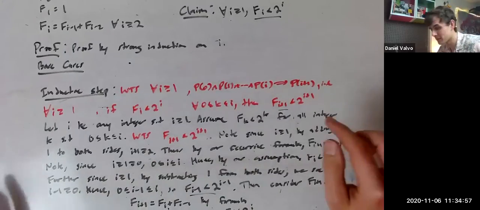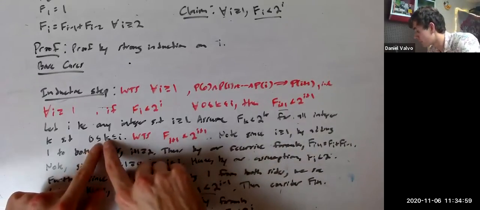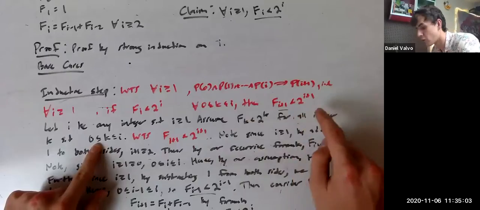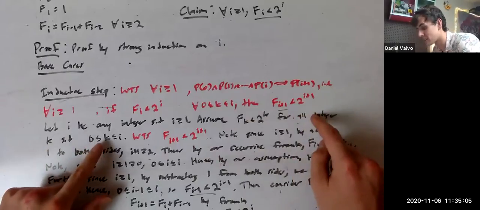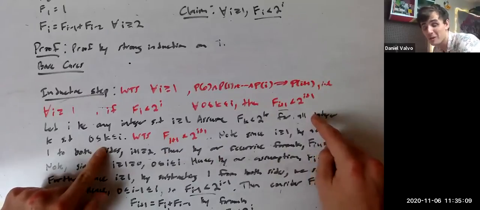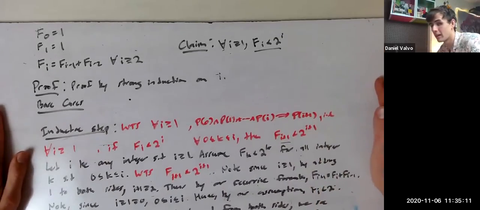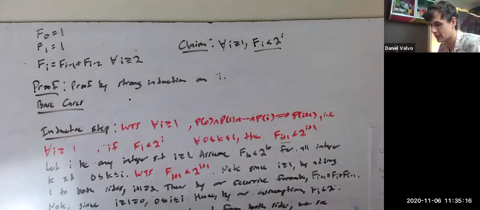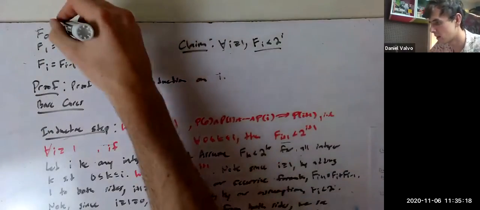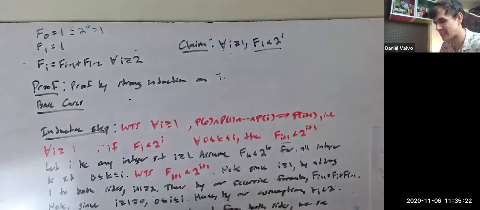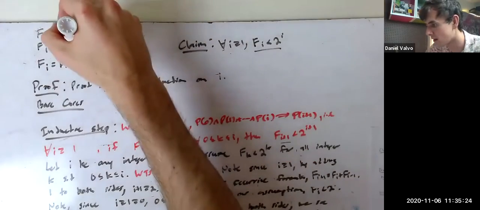Here was the issue. The issue was right here. We just assumed that Fk is less than 2 to the k for all integers k such that 0 is less than or equal to k less than or equal to I. But this is not true. F0 is 1, which is not less than or equal to 2 to the 0.